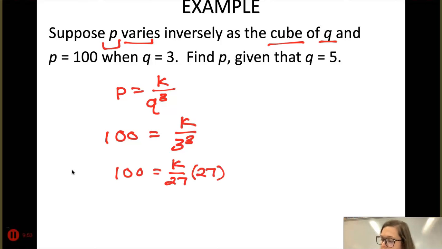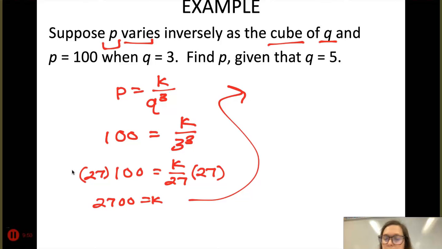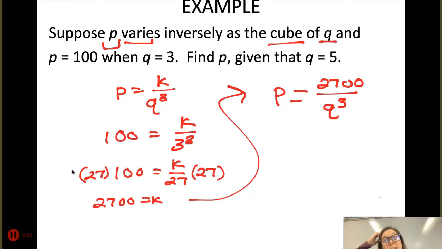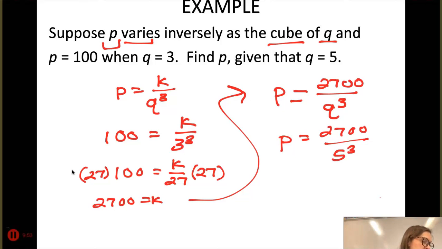So multiply by 27 on both sides, and we get 2700 is equal to K. So my new equation is P is equal to 2700 over Q to the third. Then it says find P, given that Q is 5. So 2700 divided by 5 to the third. You should get 21.6 for your P.